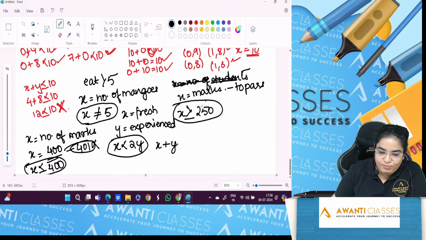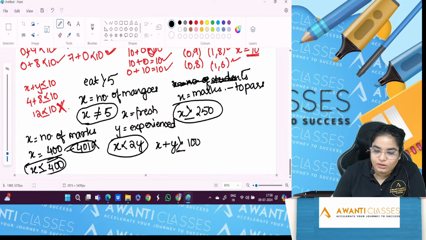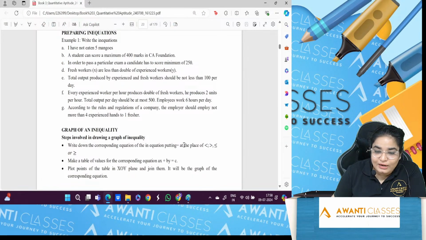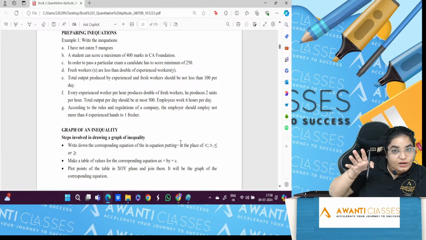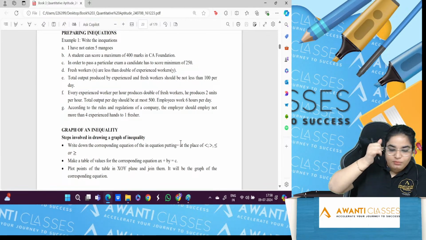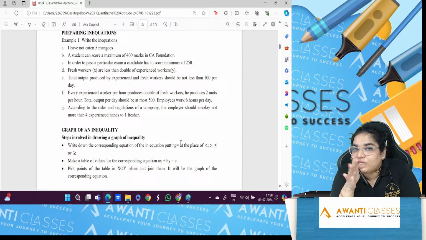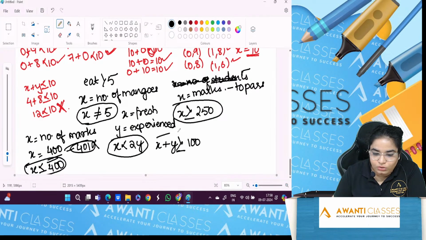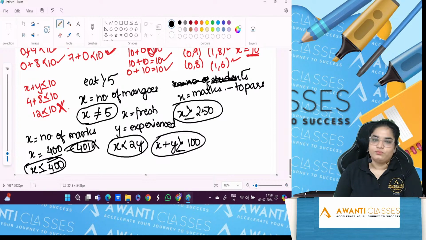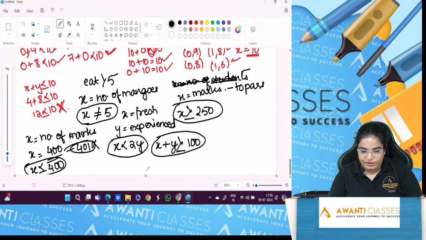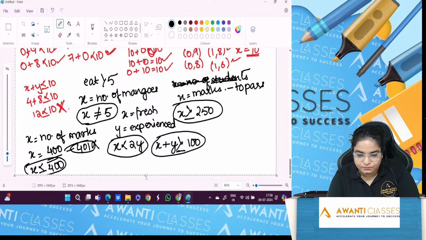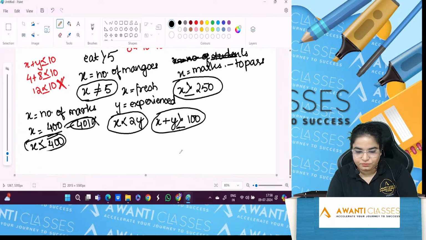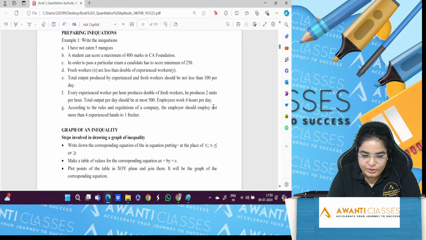So, x plus y should be greater than or equal to 100. Why? It should not be less than 100. Can it be 100? Yes. So, x plus y should be greater than or equal to 100. Are we understanding? Great.